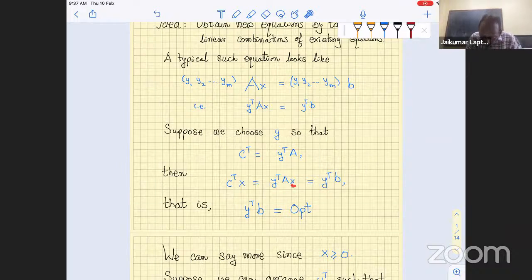Now, if x also happens to be feasible, that is, if Ax is equal to b, then this Ax we can replace by b. And what have we obtained? We have obtained that no matter what your feasible x is, the value of the objective function will be equal to y transpose b.